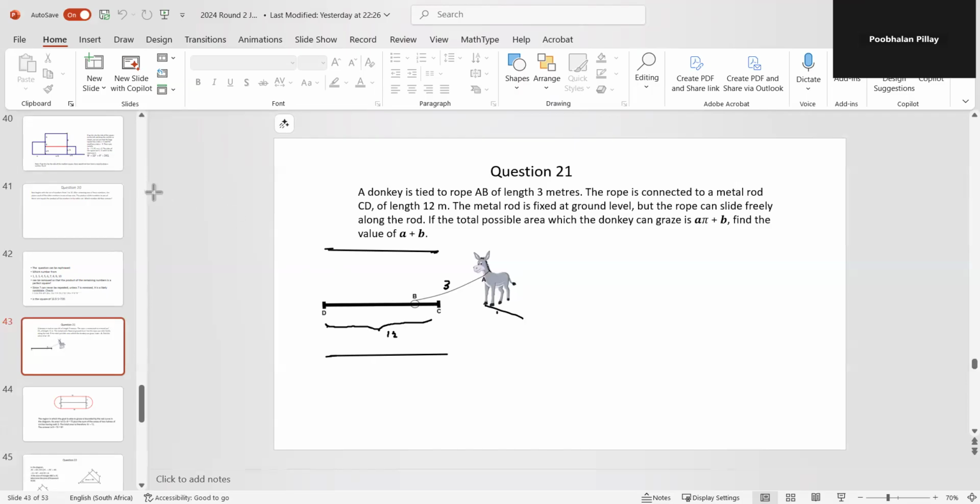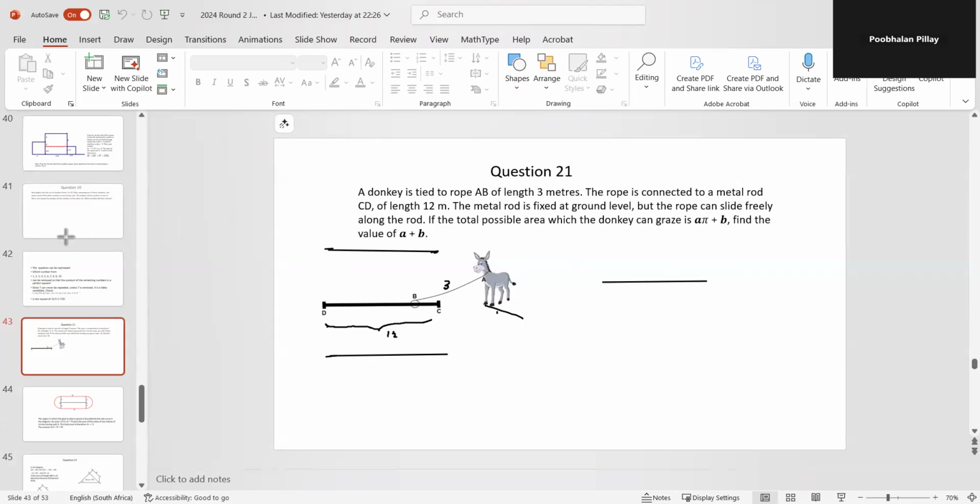All right, so in short, let's just redraw that diagram. So the area in which this donkey can be, we'll have a line like that. That's the top boundary.